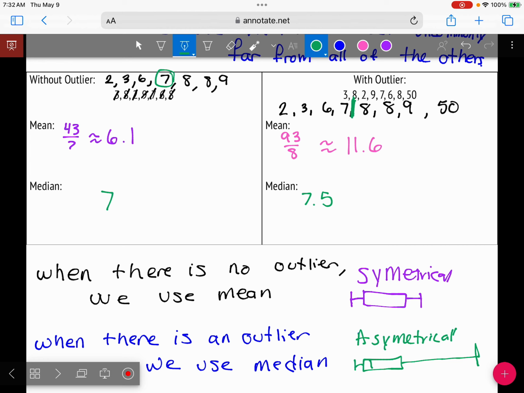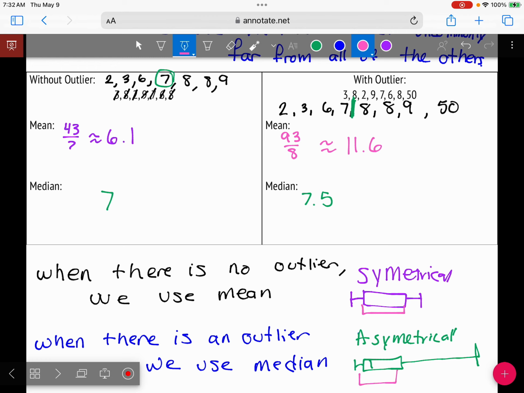So the last piece we're really thinking about is how we can talk about how spread apart things are. We did a bit of this yesterday looking at these box and whisker plots when we talked about our IQR, or the width of the box, which works really, really well when it's symmetrical like this.